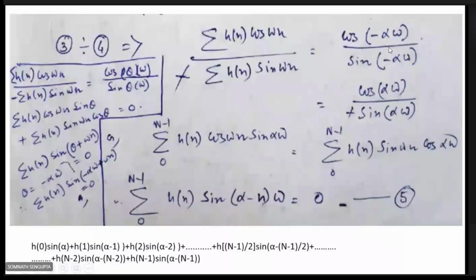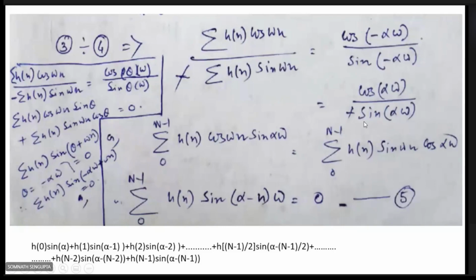Now in place of theta(omega), we can write minus alpha omega, that we have already assumed initially. And sine of minus theta is equal to minus sine theta. Okay, so this minus minus will cancel out.